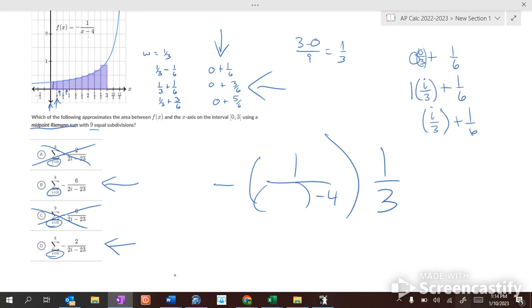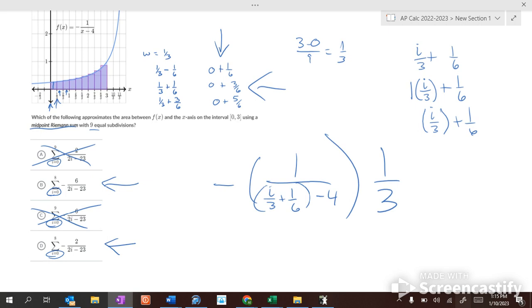So 2/3 plus 1/6 is 5/6, right? So if this is i over 3 plus 1/6, would that work? Because that would make it 1/6 there. And then 1/3 plus 1/6 is 3/6, which is there. Yeah, there we go. i over 3 plus 1/6. That was hard to get.